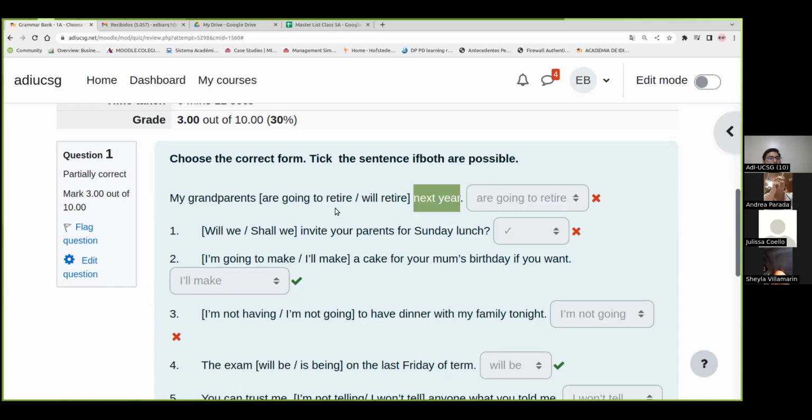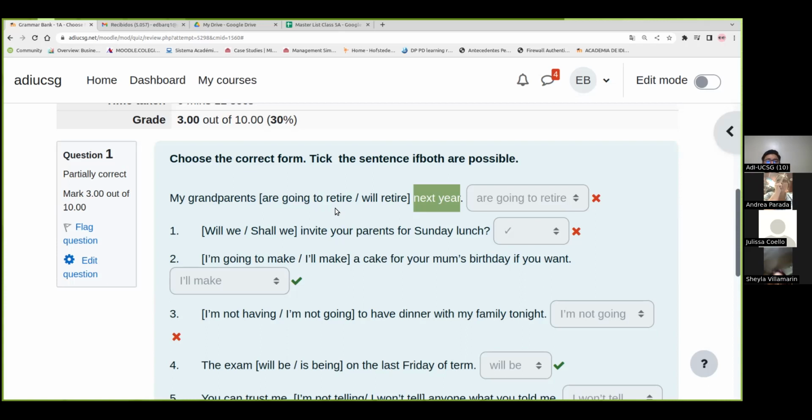So both of them are correct. Are going to and will are the same in this example, right? That's the first one. Well, actually, there's no number for this. I don't know why.